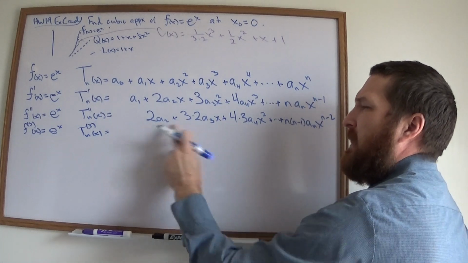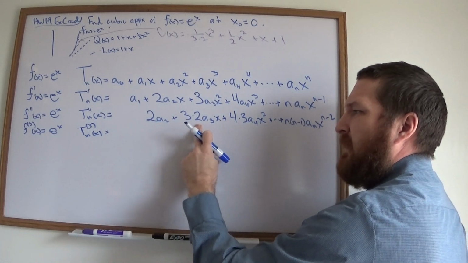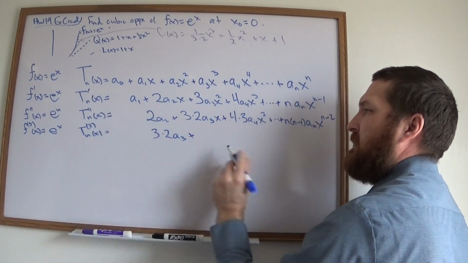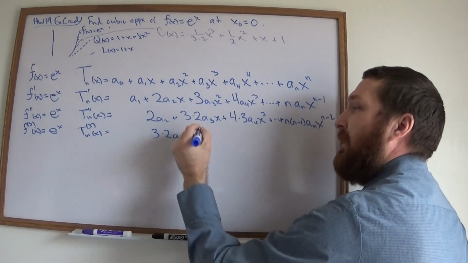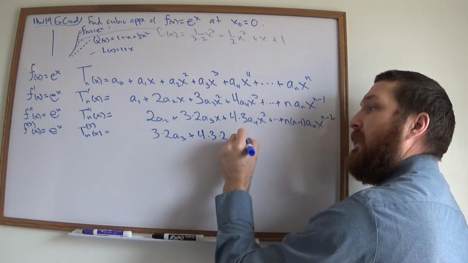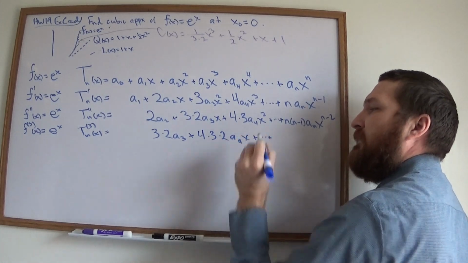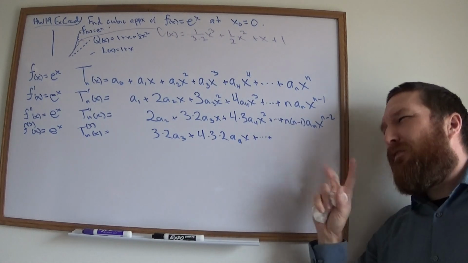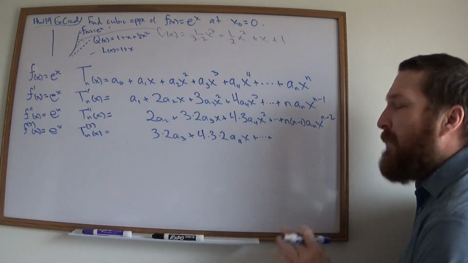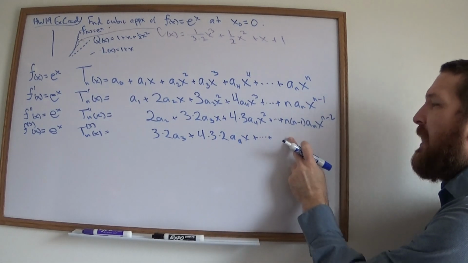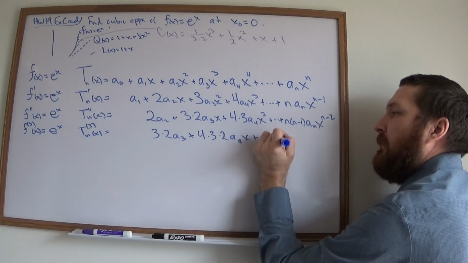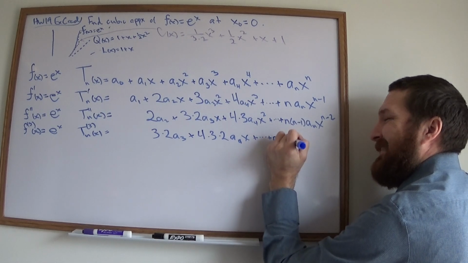Just 3 times 2 A3, plus 4 times 3 times 2 A4 x, plus, and I would have done the fifth one, and I'm willing to bet that at this point the fifth one looked like 5 times 4 times 3 times A5. Okay, patterns. This is really important that we're noticing patterns. Now I take the derivative of this, and what do I get? n minus 2 times n minus 1. How about that way?